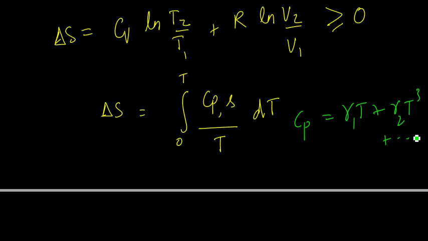So if I go down to temperatures of 0 Kelvin, CP does go to 0. But CP by T would not go to 0. It will be gamma 1. So that's what we don't want it to go to 0.